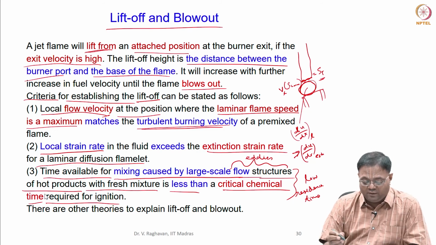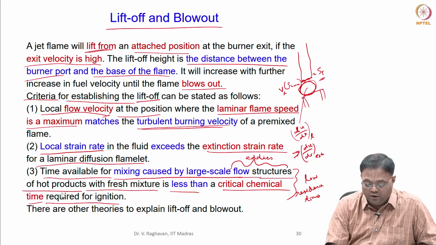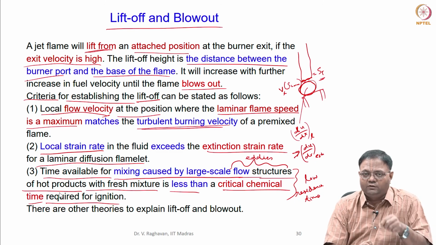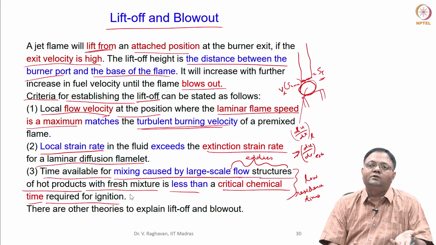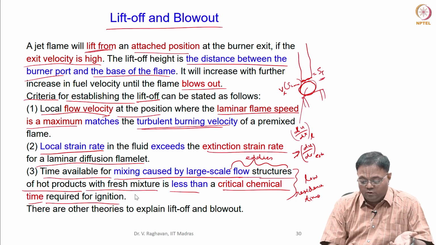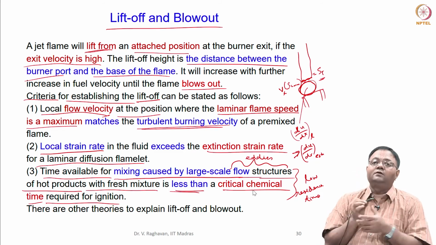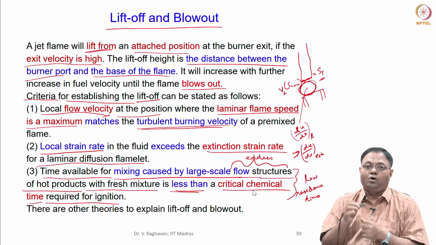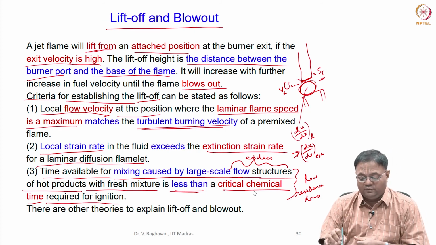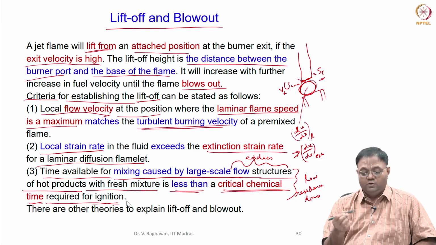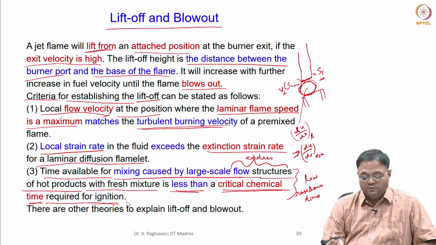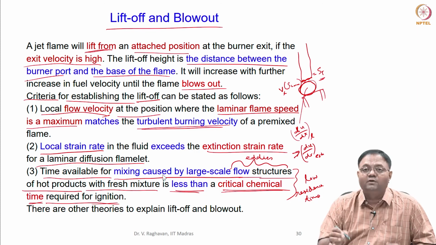So in this case, the flow structures which cause the hot products to ignite the fresh mixture have less time available than the critical chemical time for the reaction to complete and cause ignition, correct. There is a set of reactions which will cause ignition. So the critical chemical time, that is the reaction time, required for causing ignition is more than the time available for mixing.